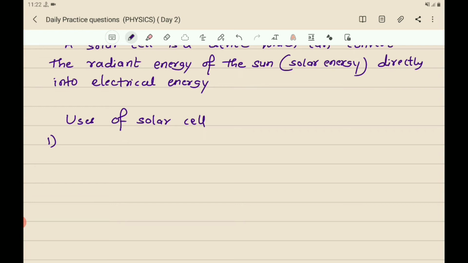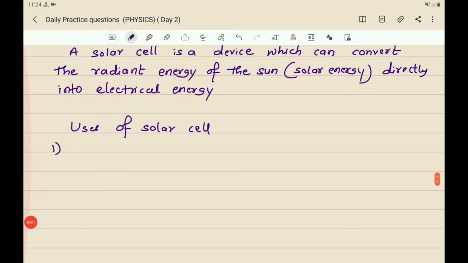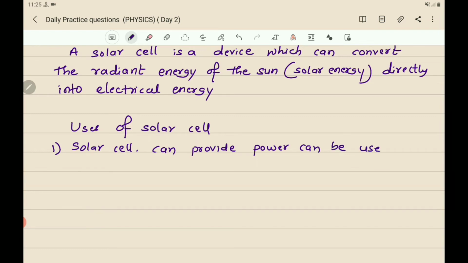So you write, solar cell can provide power, can be used in remote and isolated locations.